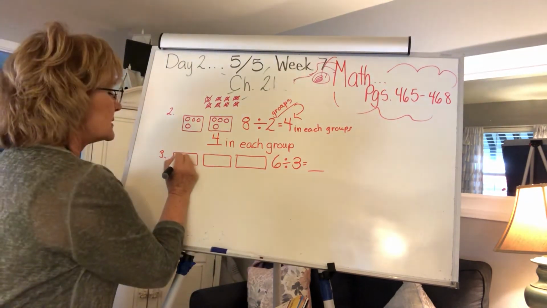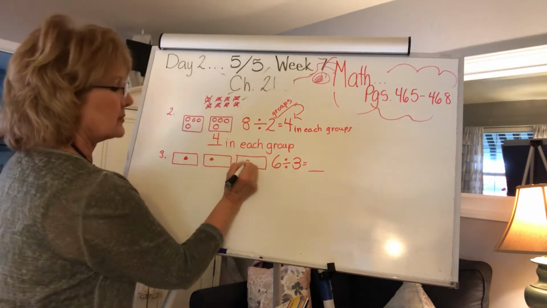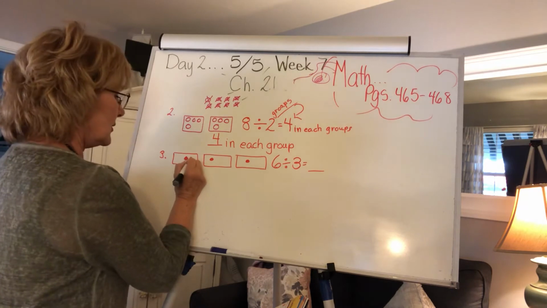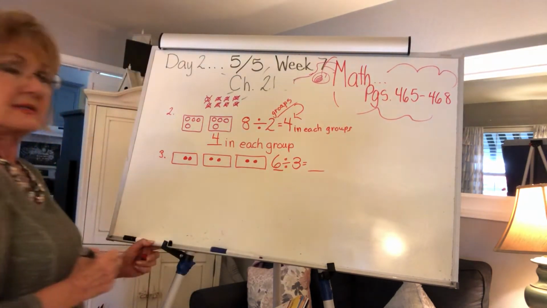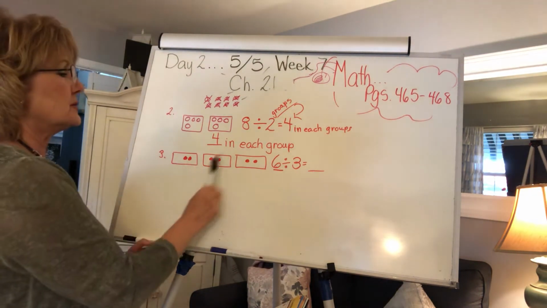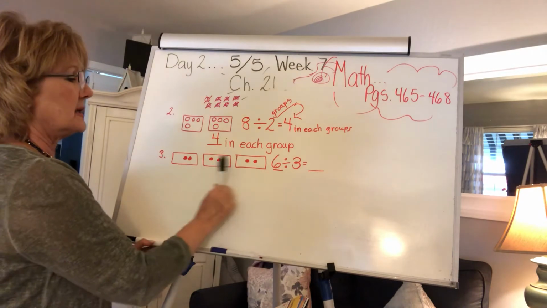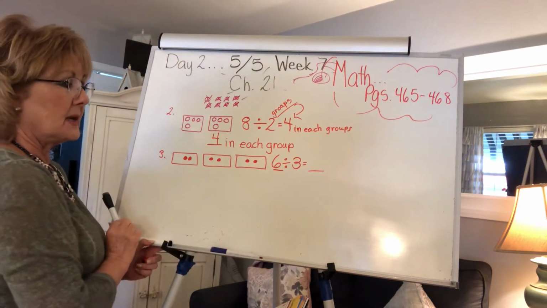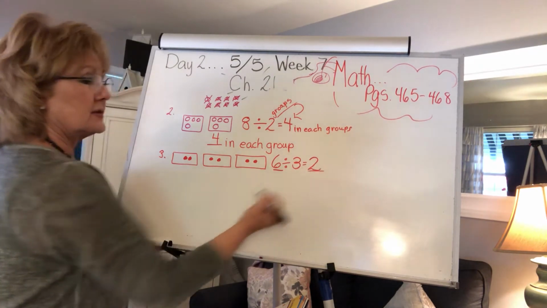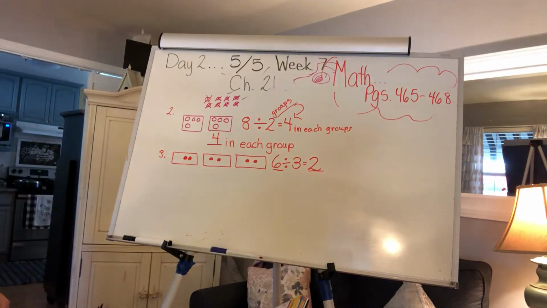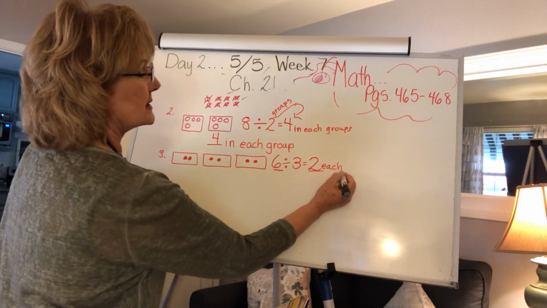We can't go 1, 2, 3. No, we gotta go 1, 2, 3. Now back to you. 4, 5, 6. We ran out. We got to the 6, right? So 6 divided equally among 3 people would be each person gets 2 tater tots, right? 2 in each group. 2 each.